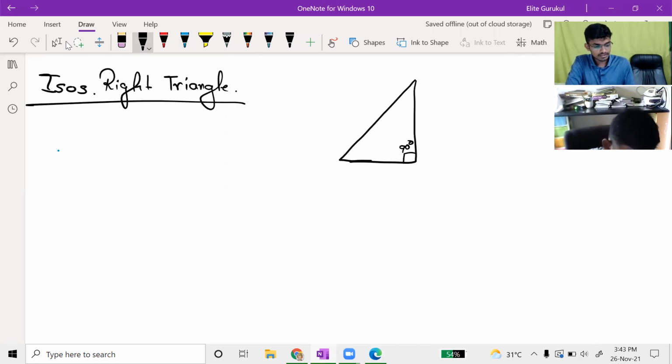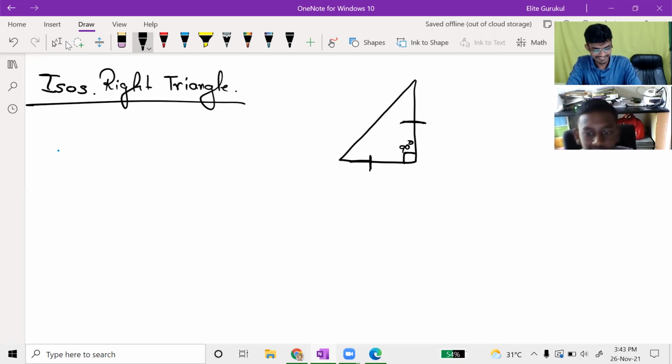So in an isosceles right triangle, what is there now? This side and this side will always be equal. The sides beside the 90-degree angle will always be equal to each other.